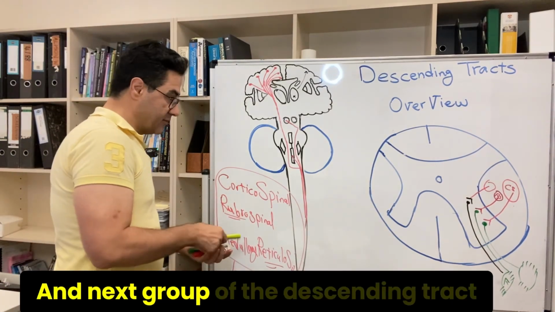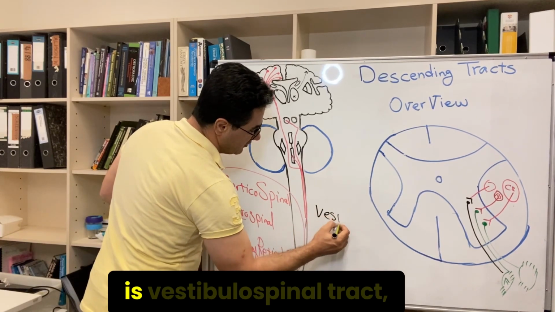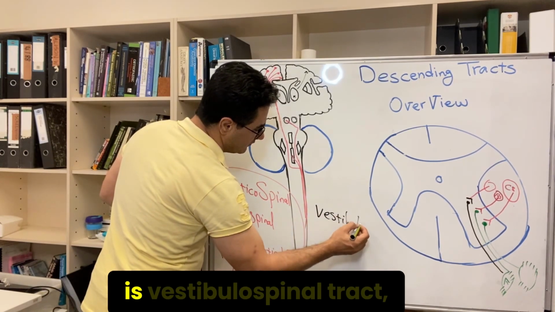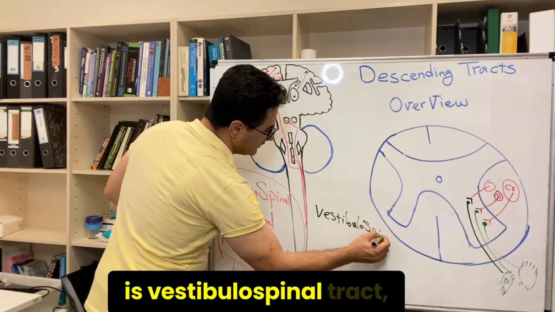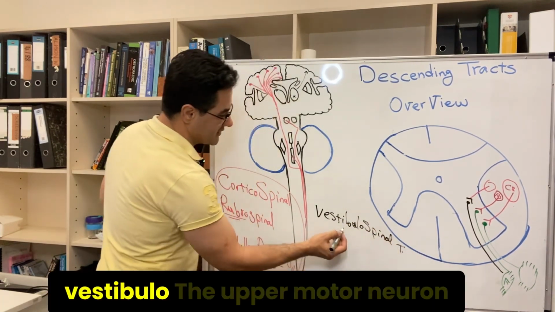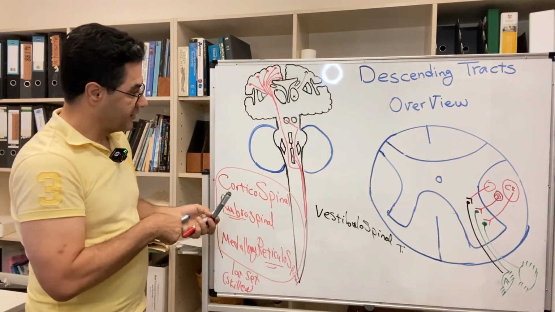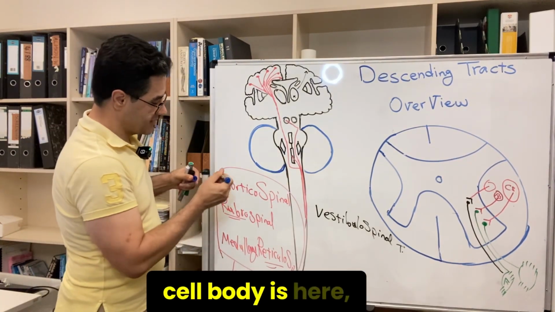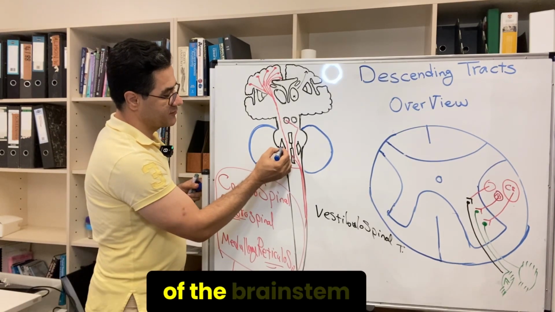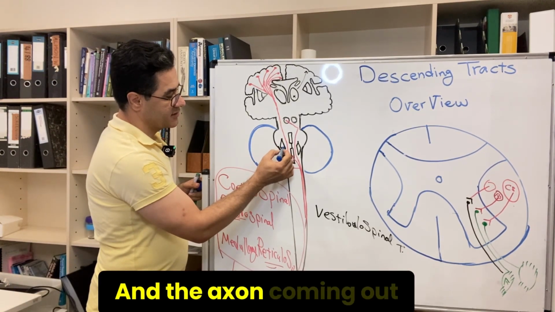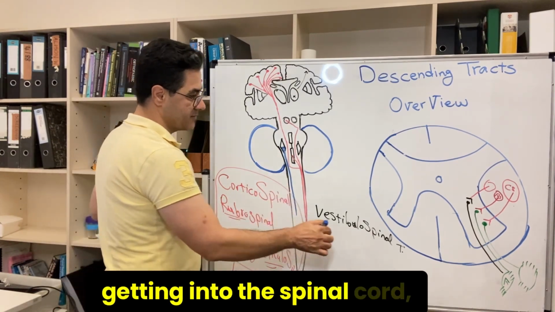And the next group of descending tracts starts with the vestibulospinal tract. Vestibular, the upper motor neuron cell body is here, in this diamond-shaped vestibular nucleus of the brainstem, and the axon comes out without any decussation, it runs all the way down, getting into the spinal cord.